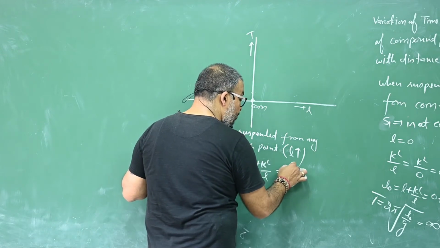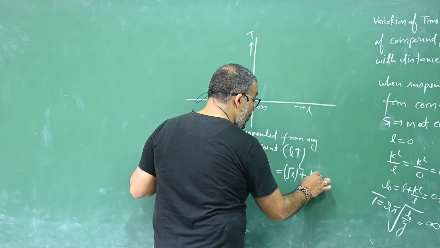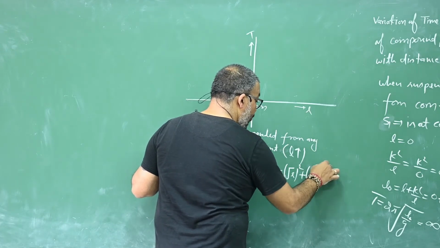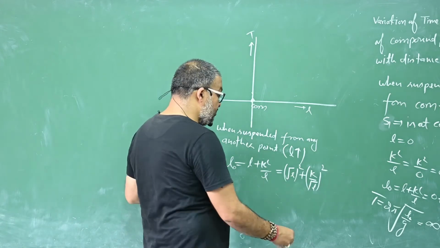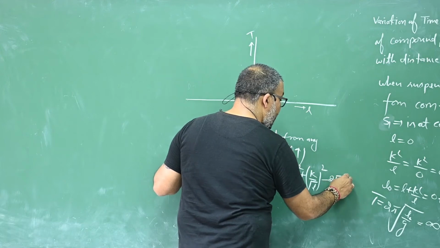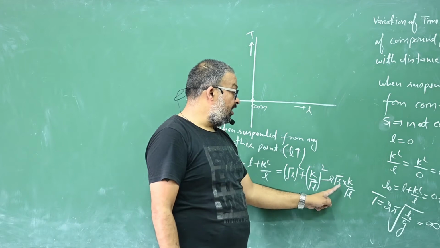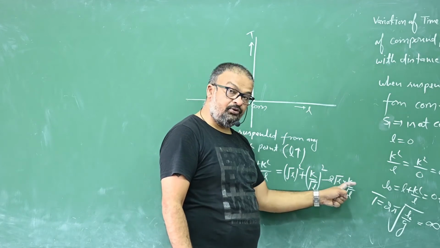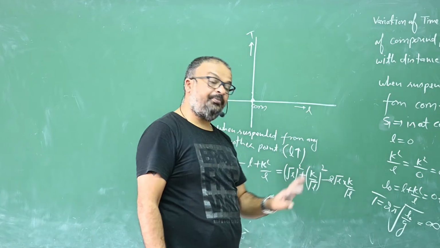This is root L whole square plus k upon root L whole square. This is a square, this is b square, right? So I will say minus 2 root L into k by root L. Root L and root L will cancel, so it becomes minus 2k. So I subtracted 2k, so I have to add plus 2k.